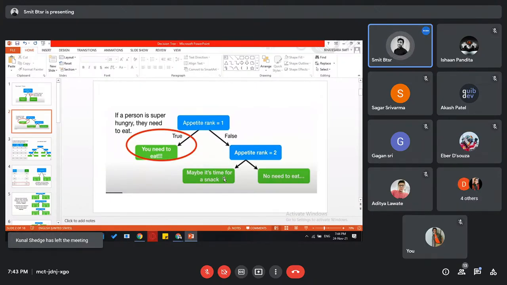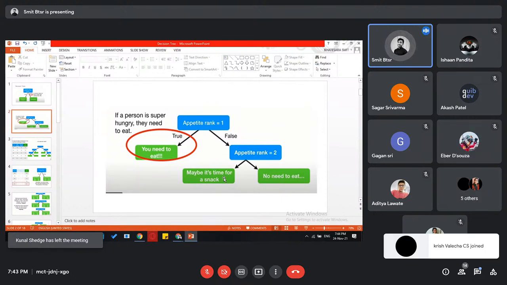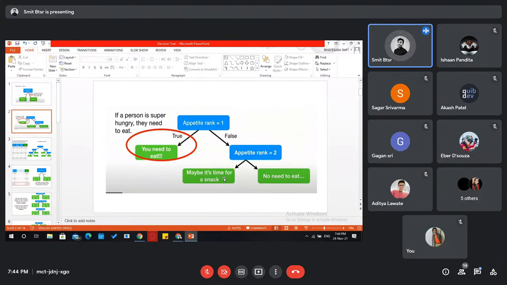So we made a mistake in asking the question. We asked the wrong question. We can ask, "Are you a little hungry?" and if they say no, then we can just move away, because they are not a little hungry, so they cannot be super hungry, right?